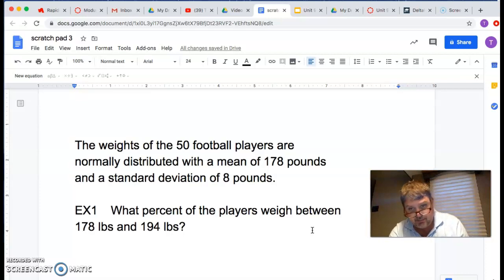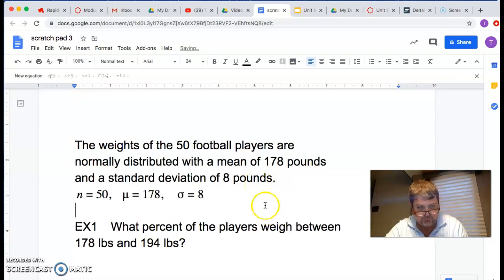The population being discussed here is 50 football players, 100% of them. Mu is 178, that's your mean. And your standard deviation, sigma, is 8. So let's make a note of that right here.